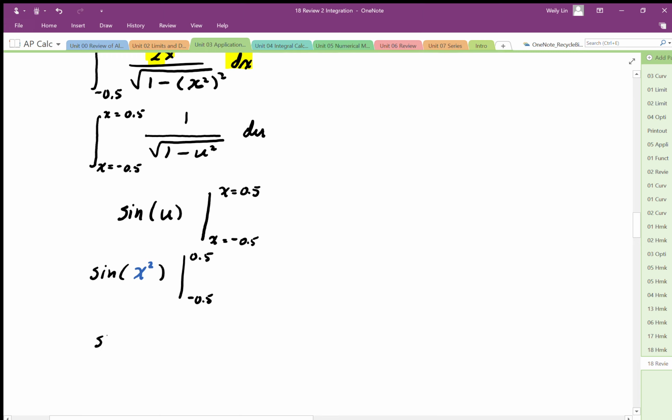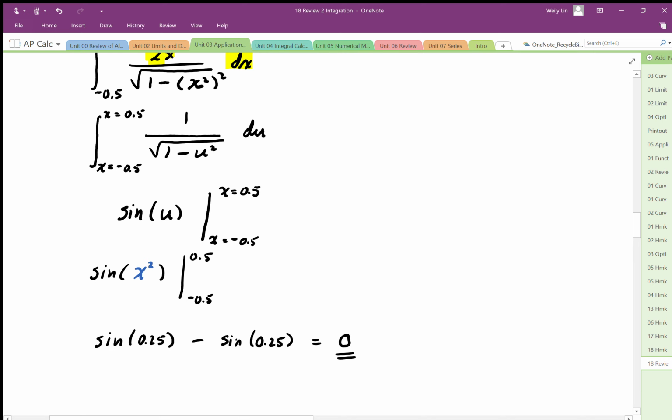So I get arcsine of 0.5 squared, which is 0.25, and minus arcsine of negative 0.5 squared, which is 0.25 again, so that the net area works out to be 0.